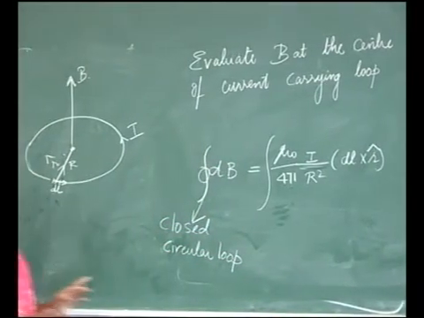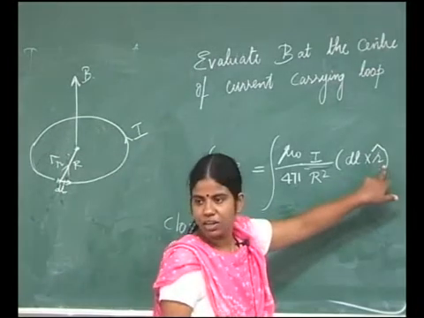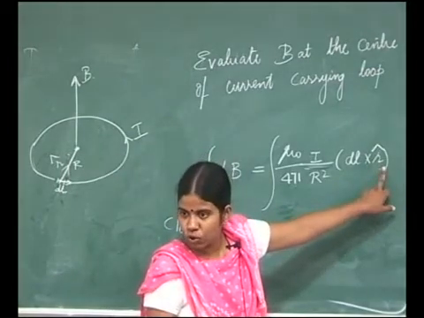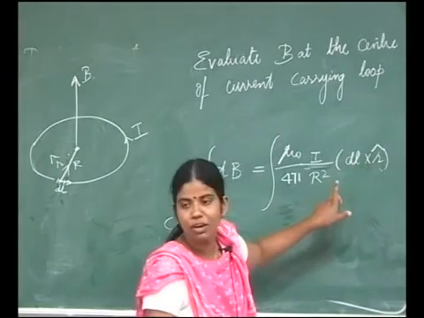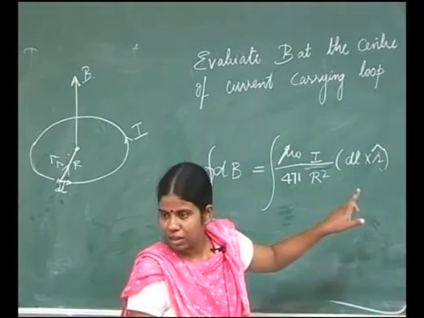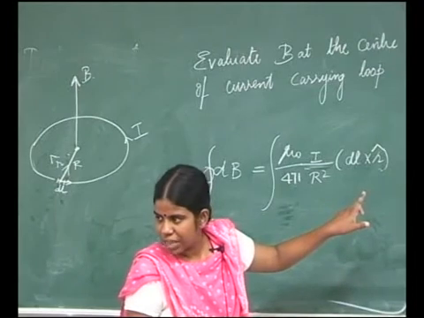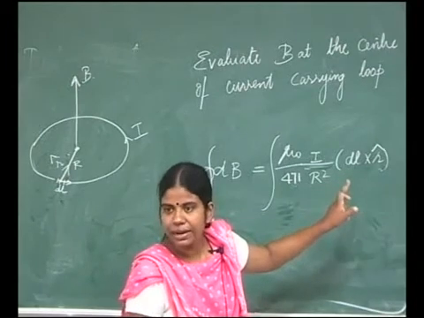And I know that this is a unit vector, so its magnitude is 1. So what I am left with is simply the integral of dl.